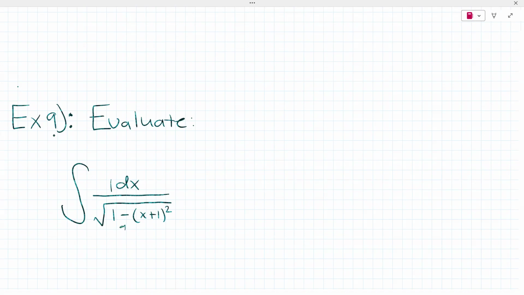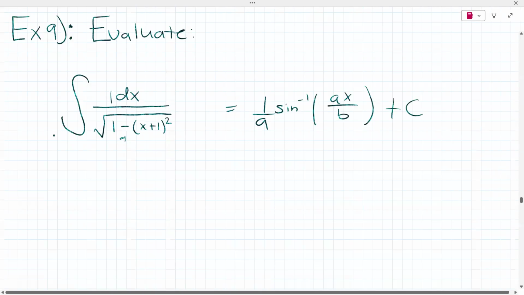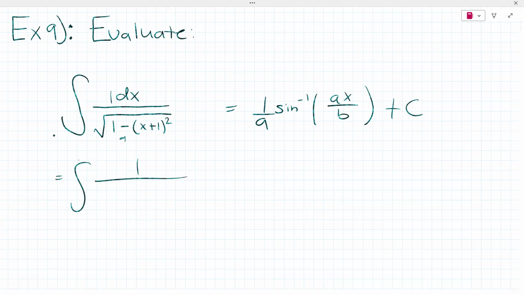So there's a good chance I'm going to use 1 over a, sin inverse of ax over b plus c, right? Okay, so I'm going to rewrite it as 1 minus something squared.